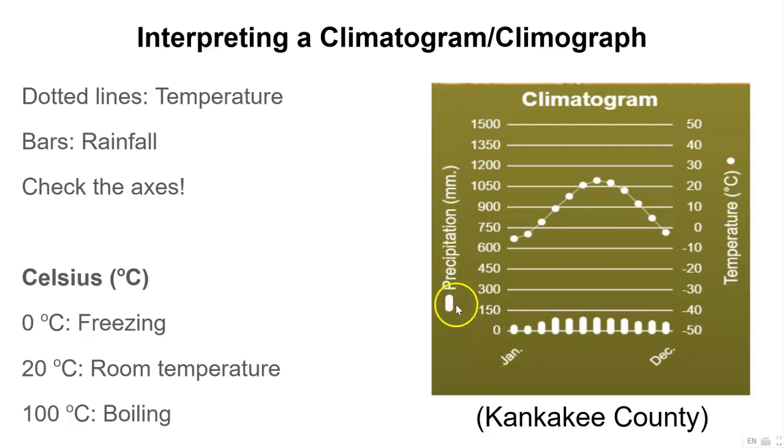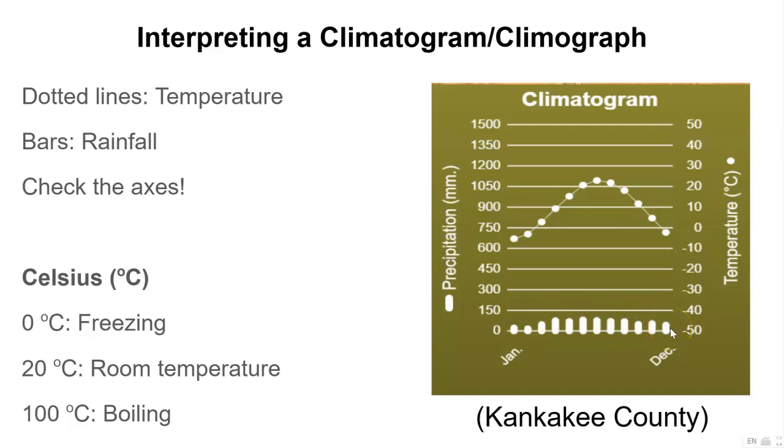On this side, we have precipitation. So these are the units of precipitation measured in millimeters. And on this axis, we have different units, and this is going to indicate the temperature in Celsius. Okay, we'll go over that in a second. The dots in the graph are going to be temperature. The bars are going to be the precipitation. Okay, so make sure you're not mixing those up.